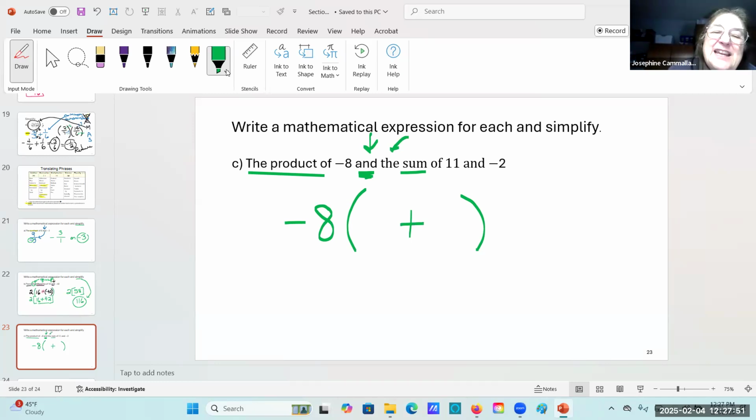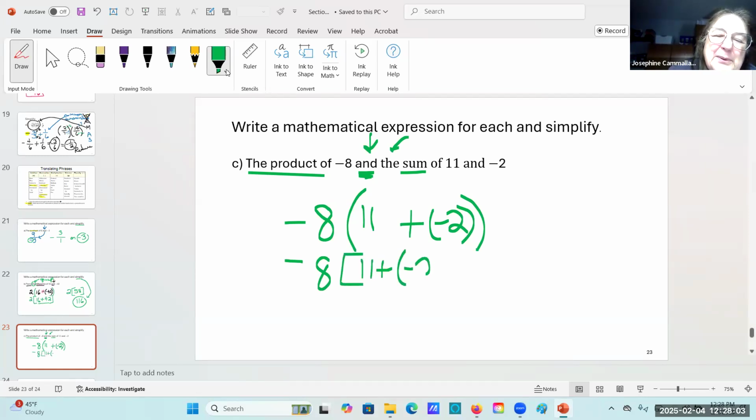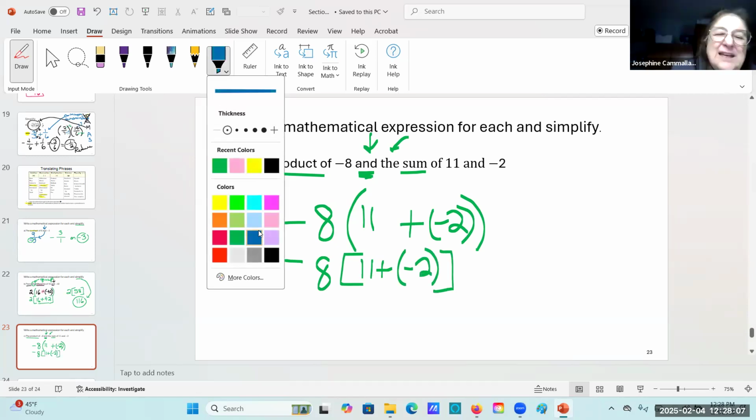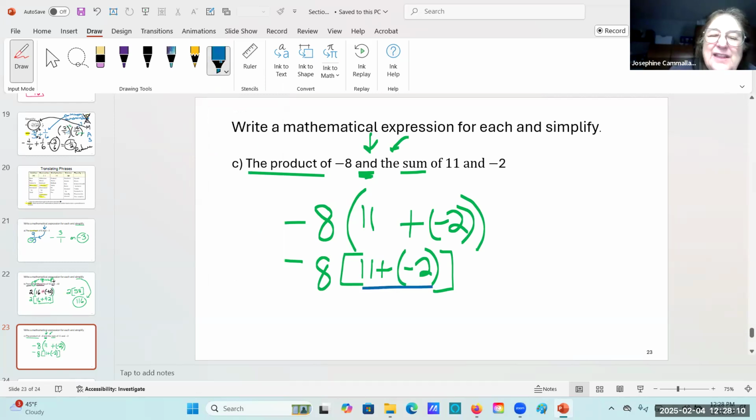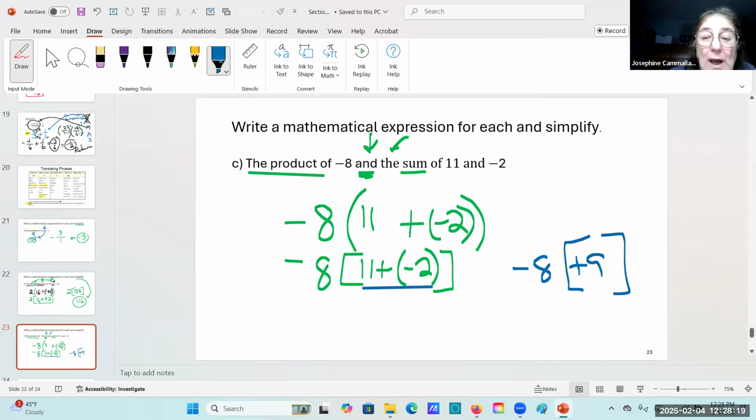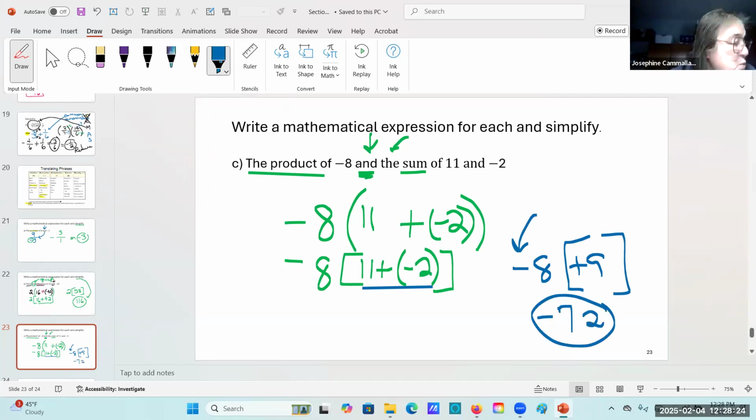The product of 11 and negative 2. Now, sometimes they like to write it with brackets. Because we're doing this first, negative 8 in front of the brackets, and this is a positive 9. 1 negative, negative 72.